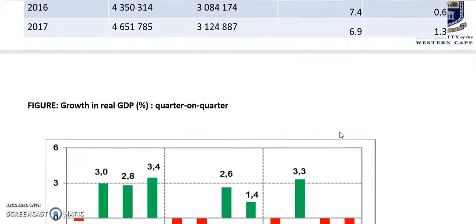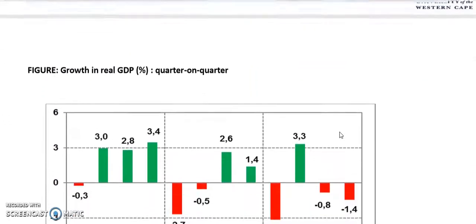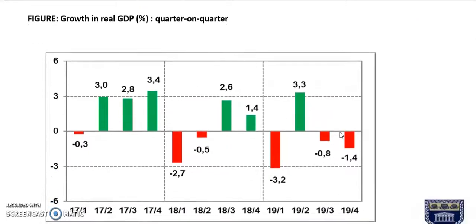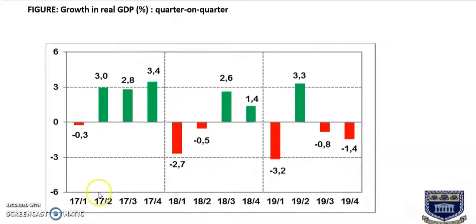Growth in real GDP on a quarterly basis. So this is from 2017 until 2019. In 2017, only in the first quarter, the growth in real GDP was negative.